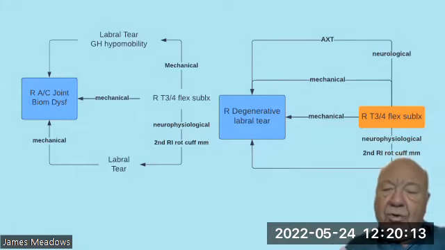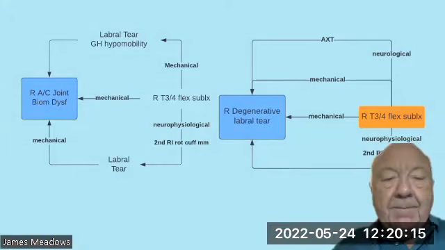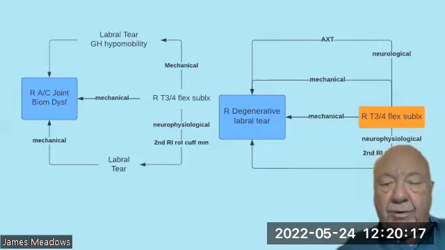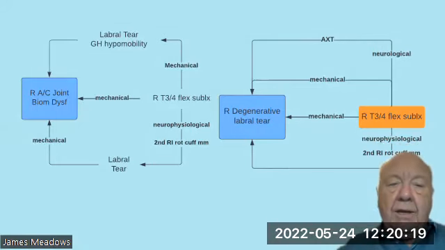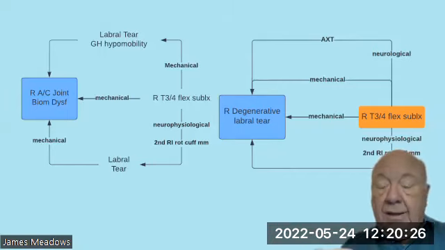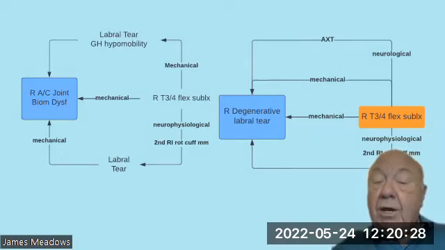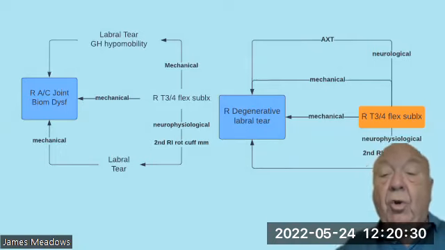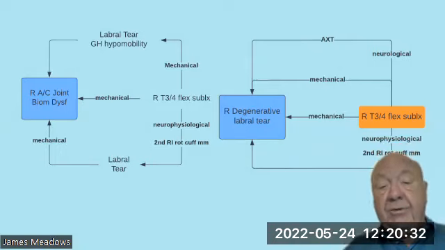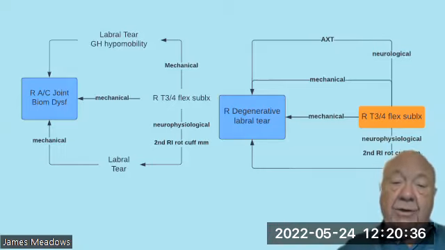The clavicle will sublux anteriorly in an anterolateral subluxation. If it's sublux in a posteromedial subluxation, it means that the AC joint cannot take part in the elevation process, and so it may be a contributor or even a cause of the problem. But in this case, we're taking this as a T3-4 flexion subluxation as a cause.